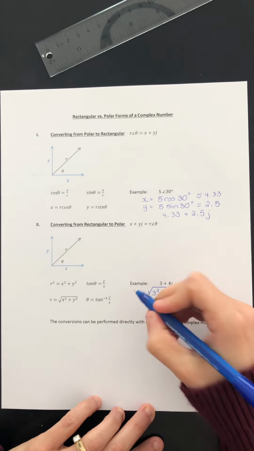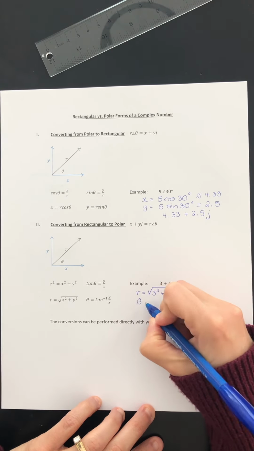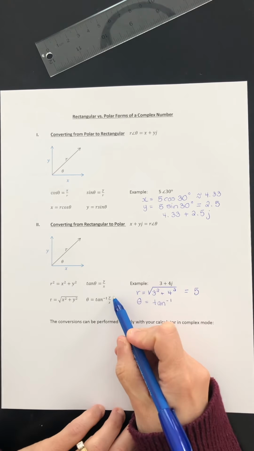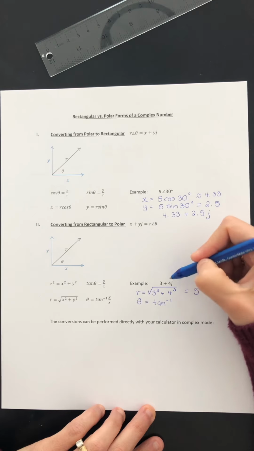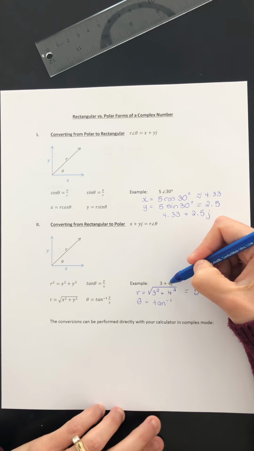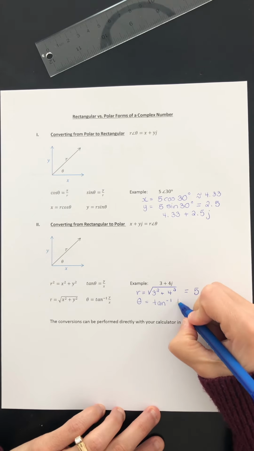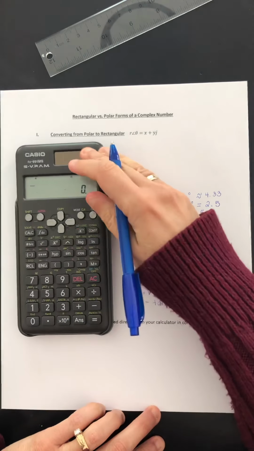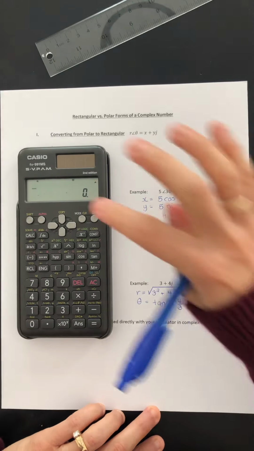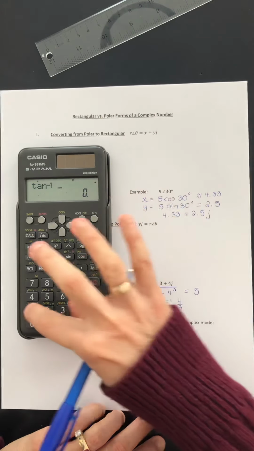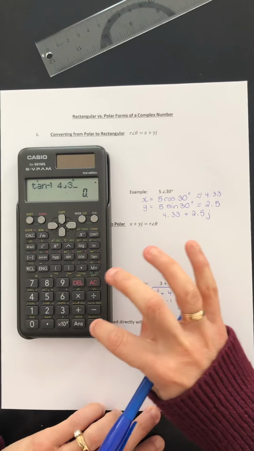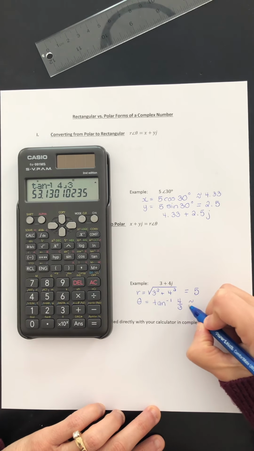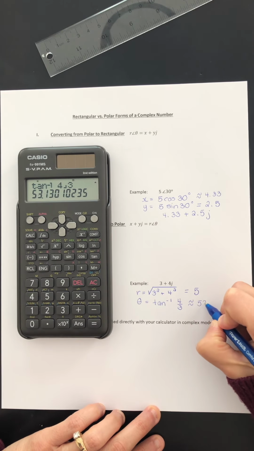And so once again, here is an example. If we had 3 plus 4j, then r would be the square root of 3 squared plus 4 squared. And so that is the square root of 9 plus 16, or the square root of 25. So that's exactly 5. Okay, and what about theta? Theta would be the tangent inverse of, now we have to make sure we use y over x. Y is 4, so the tangent inverse of 4/3. Okay, this one we need our calculator. So shift tangent 4 over 3 is, and you can see it's roughly 53.1 degrees.